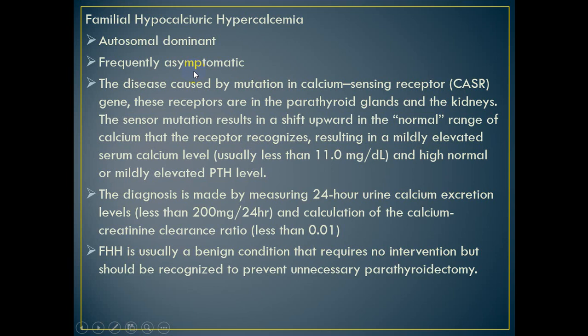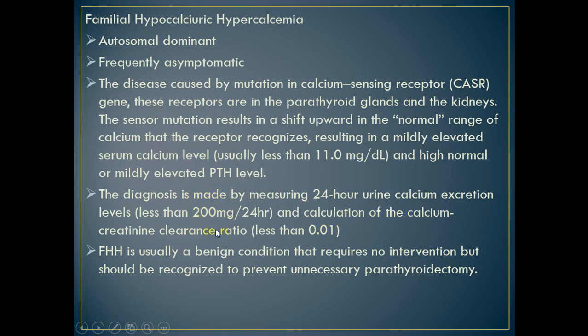Before the diagnosis, we see that familial hypocalciuric hypercalcemia is characterized by increased serum parathyroid hormone in addition to increased serum calcium. So it has a picture identical to that of primary hyperparathyroidism. How do we differentiate between the two entities? By measuring 24-hour urine collection for calcium. Usually these patients have a value less than 200, while in primary hyperparathyroidism it is more than 500.